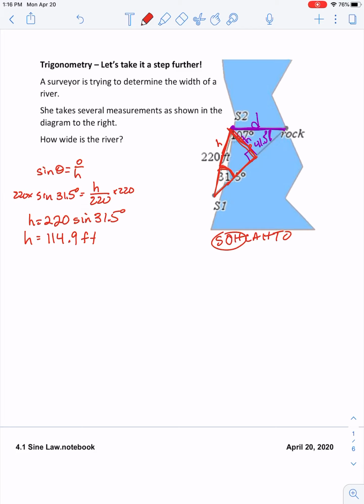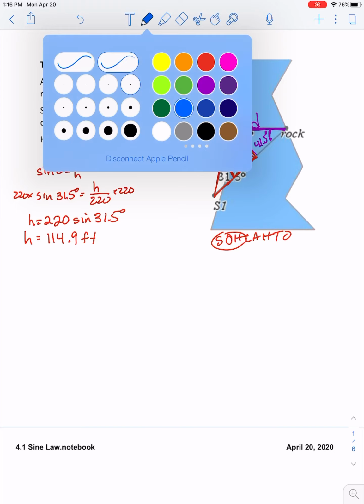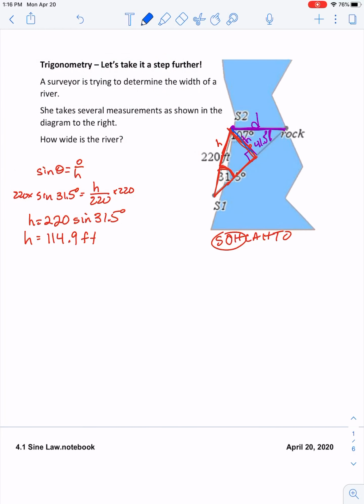Now, if we go to this triangle here, we have another right-angled triangle where this 41.5 degrees is our reference angle. Again, the height of that triangle is the opposite, and the length that we're looking for is the hypotenuse.